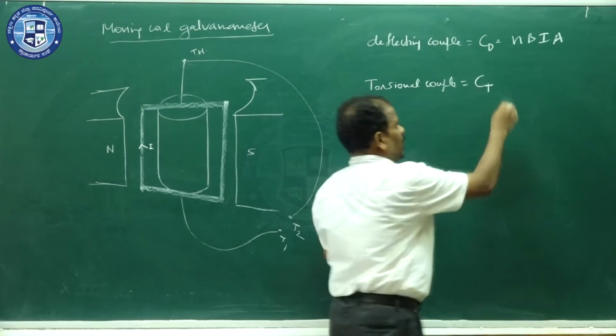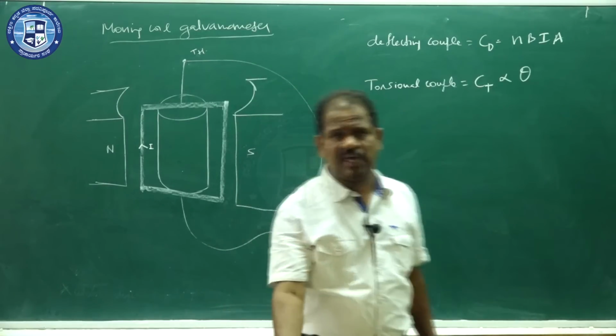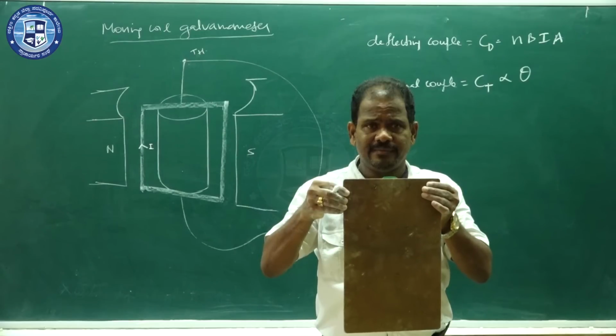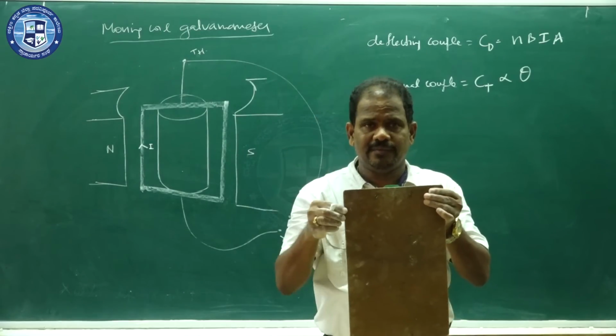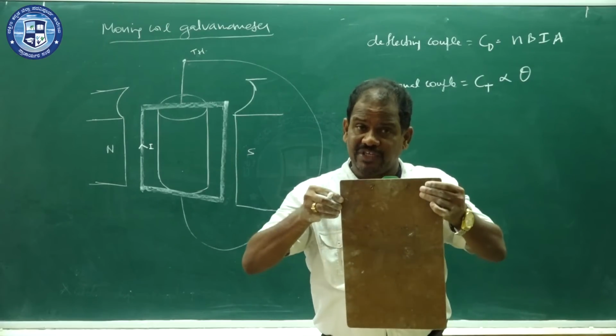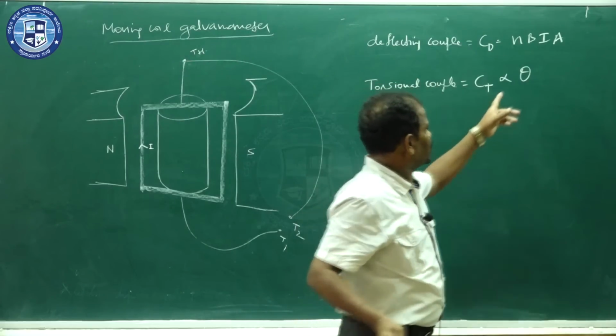The torsional couple is directly proportional to theta. For example, if the coil turns by 10 degrees there is a twist; if the coil turns by 20 degrees, when the rotation is doubled, the twist is also doubled. It is directly proportional to theta.